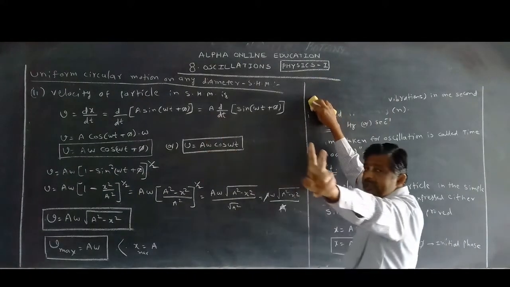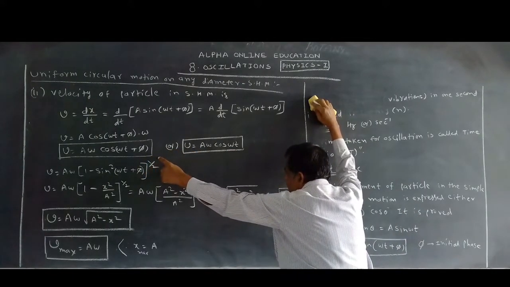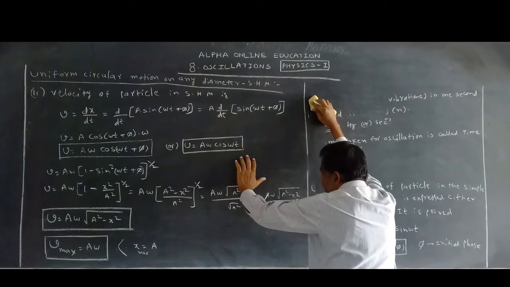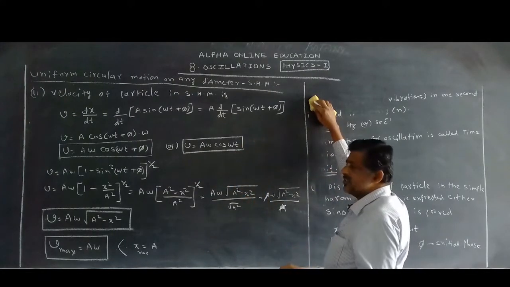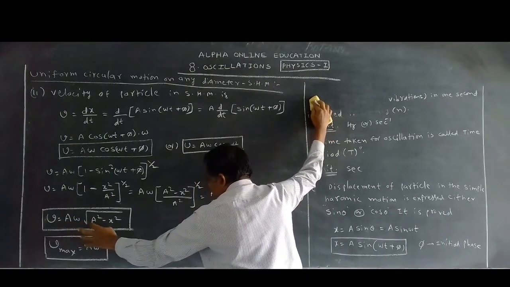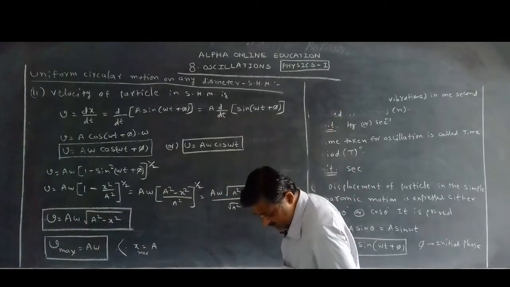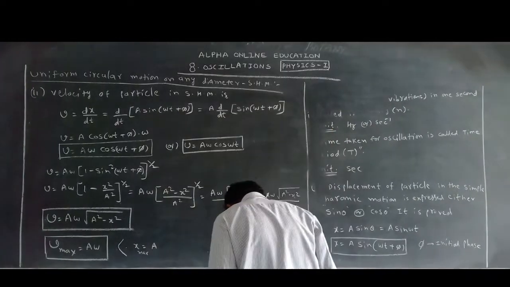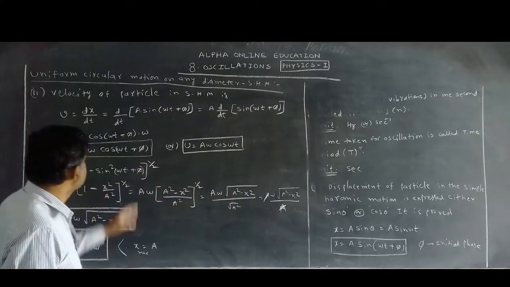Now, velocity of the particle, how much? We have two equations. One is a omega cos of omega t plus phi, or a omega cos omega t. Now, what is another equation without harmonic functions? v is equal to a omega root of a square minus x square. Now what is the equation for maximum velocity? The equation for the maximum velocity is a omega.